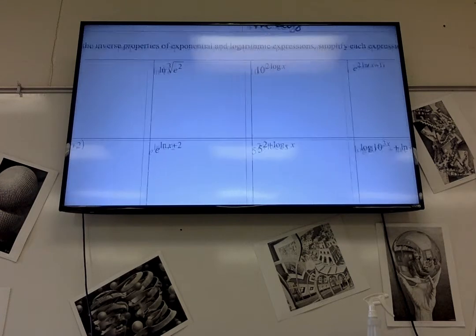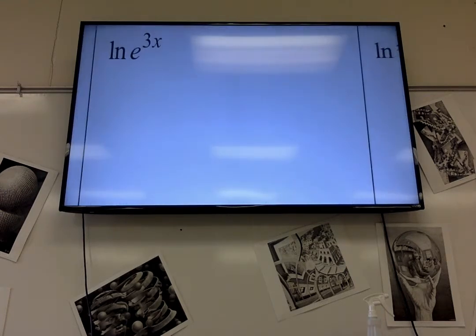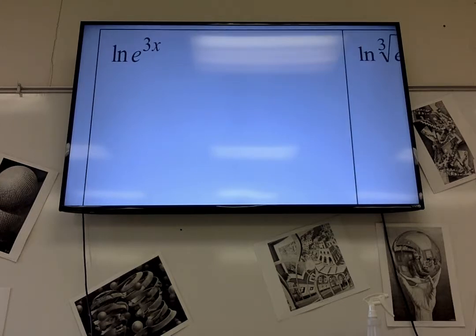Okay. So looking at these, if I use the shortcut, since I have the base e here and a power to the e, what's my answer? Yeah, just the exponent.